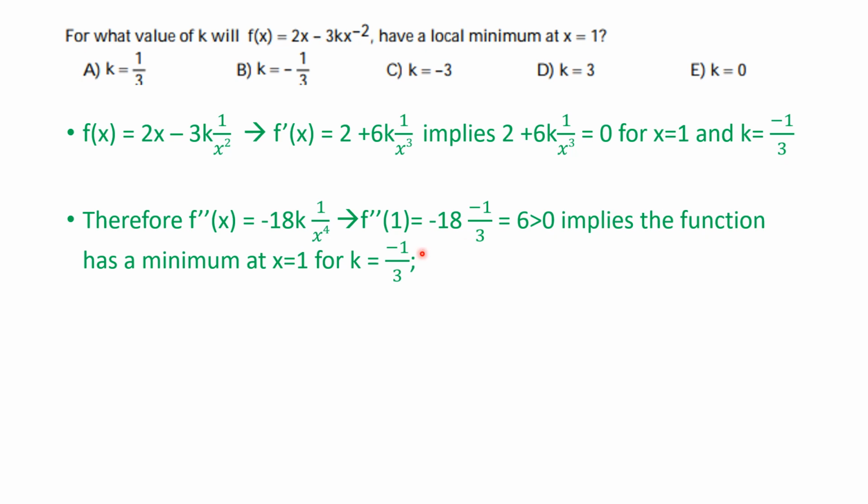So this implies the function has a minimum at x equal to 1 for k equals negative 1 over 3. Therefore, the correct answer is B, which is negative 1 over 3.